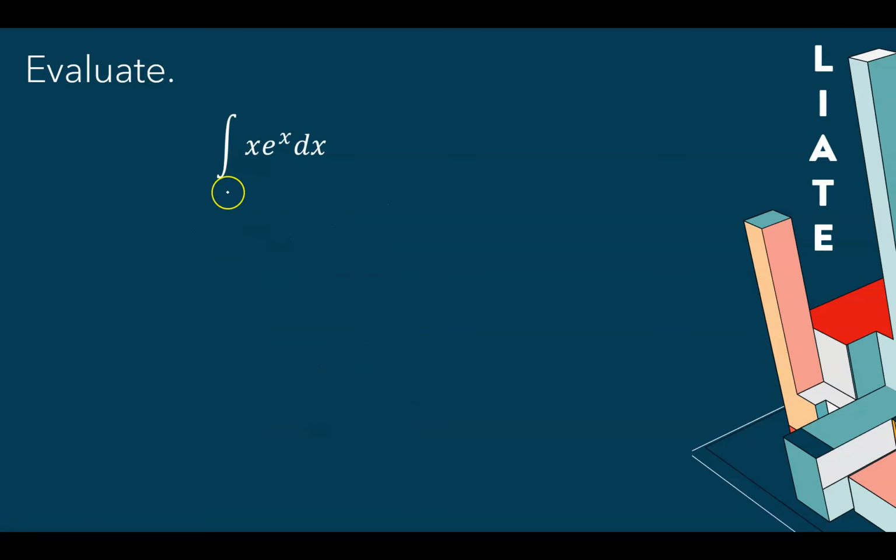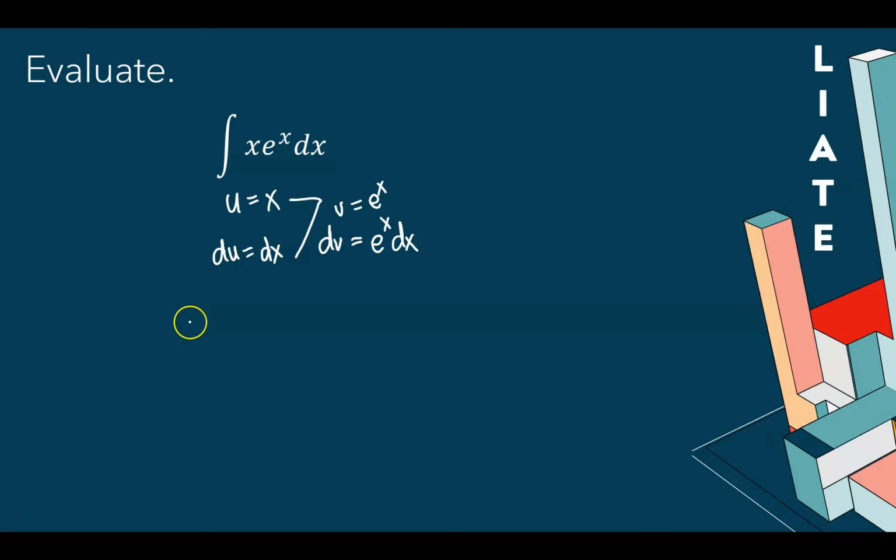Well, let's do it slower. So I'm going to choose u is equal to x, because it's got to be things that are multiplied. And then dv is everything else, e to the x dx. v is equal to e to the x, because the derivative of e to the x is e to the x. And du is equal to dx.